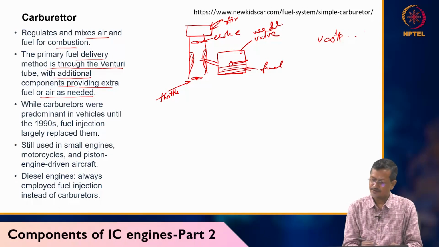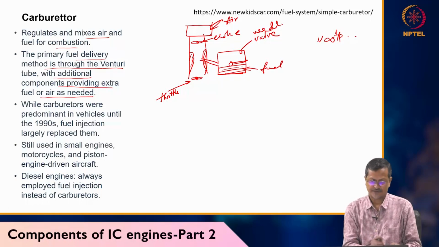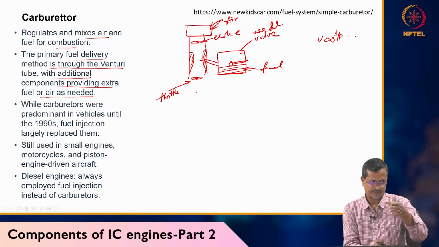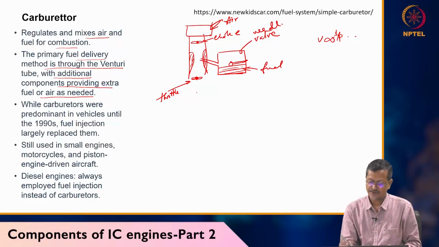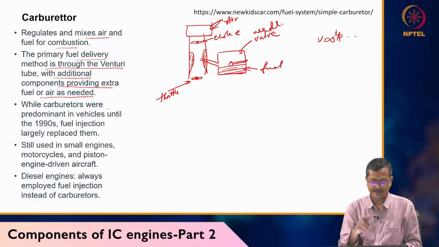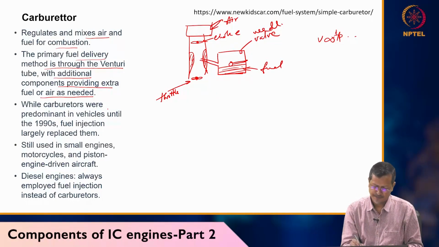Because you are restricting the area of the tube, velocity will increase, and velocity increasing means pressure will go down. When pressure is down, it sucks the fuel, and when the fuel is sucked, it gets mixed up. That mixed fluid goes to your engine cylinder.